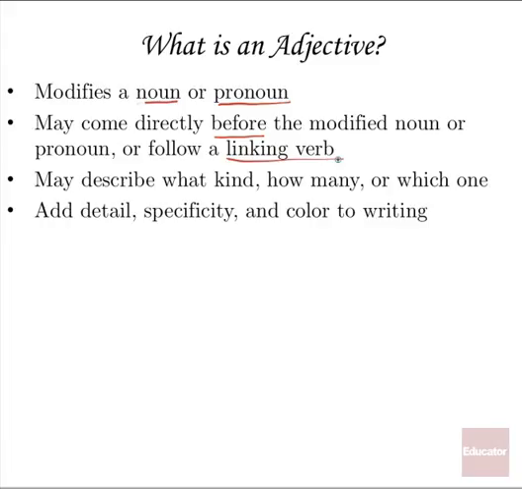Adjectives may describe what kind of noun or pronoun we're talking about, how many of them there are, or which one is being discussed. Adjectives are important because they add detail, specificity, and color to writing in English. They make writing come alive. Without adjectives, English would be very boring.